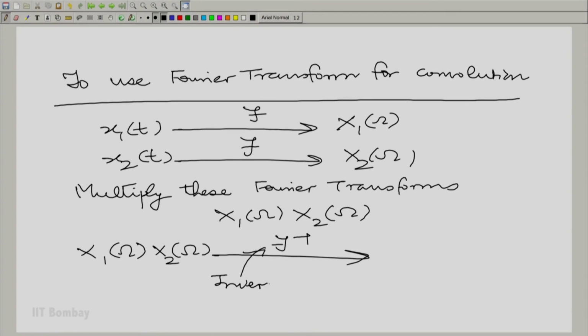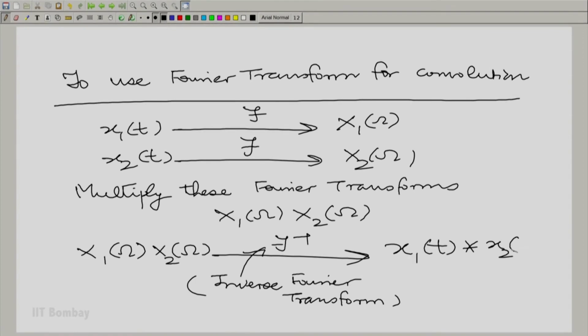I will denote the inverse Fourier transform by script F inverse, and I would get x1(t) convolved with x2(t). Now, here you are doing two Fourier transform operations and one inverse Fourier transform operation. Naturally, this is beneficial if the Fourier transform operations are easy to do. Otherwise, it is not straightforward that it is always better to go through the Fourier domain.